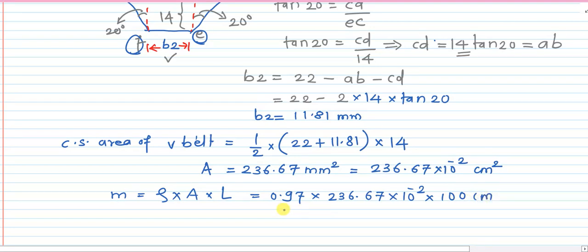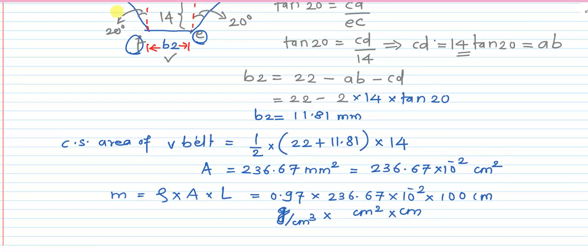For your understanding, let me put down all the units. The unit of this 0.97 is gram per centimeter cube. This one is centimeter square. This one is centimeter. Let me reorganize this.